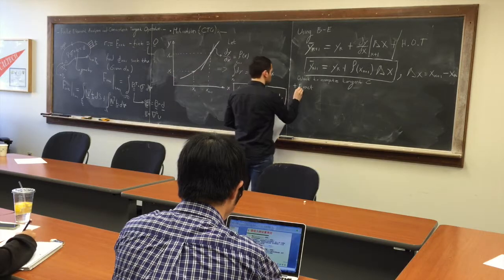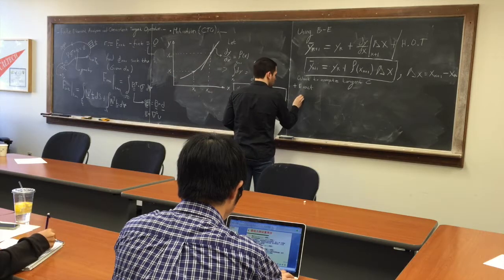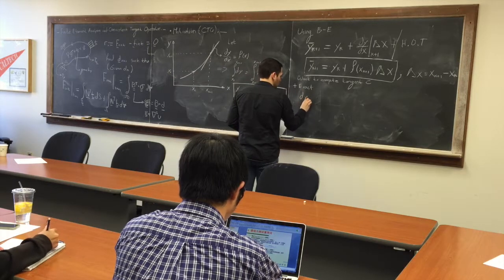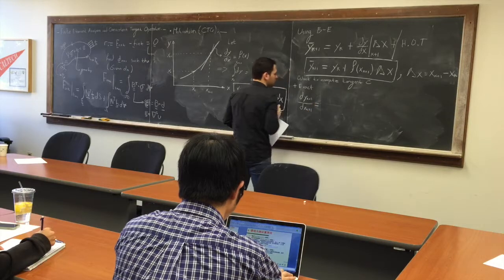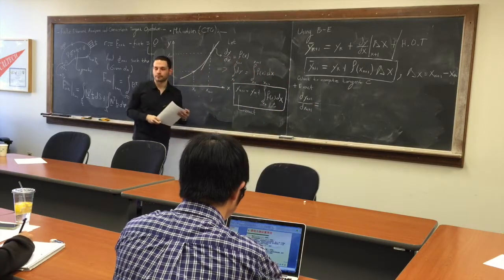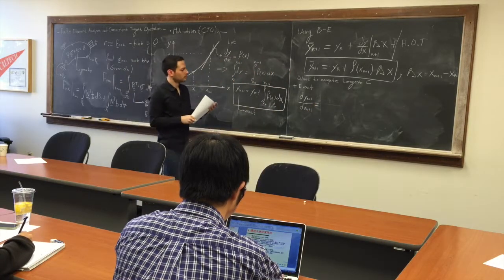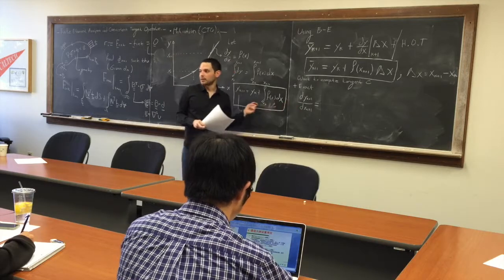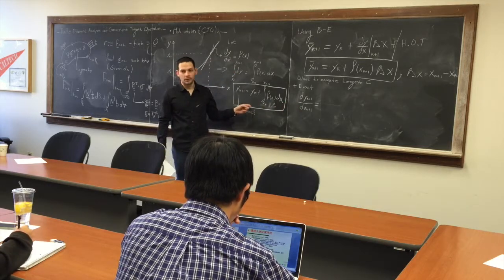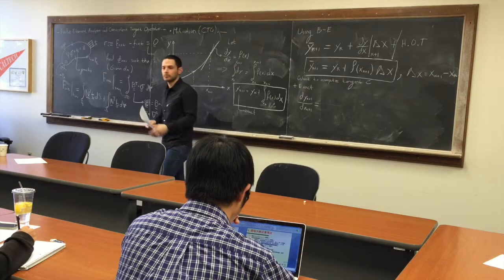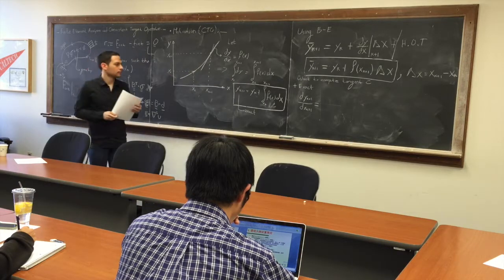So from the exact, we have that d yk plus 1 with respect to d xk plus 1 is equal to, if we derivate this one with respect to xk plus 1, what do we get?